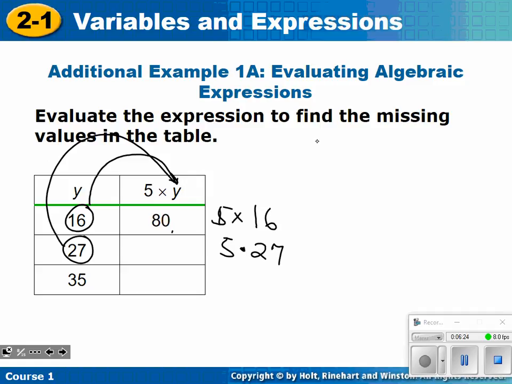What is 5 times 27? 135. For this one, we take 35, we plug it in for y, and this is 5 times 35, which is 175.